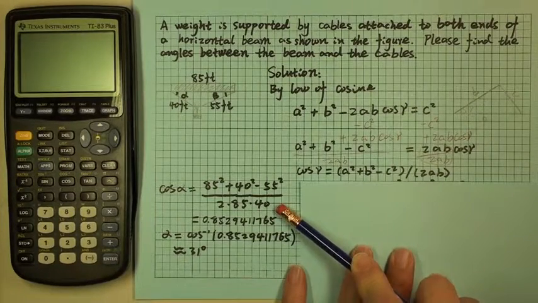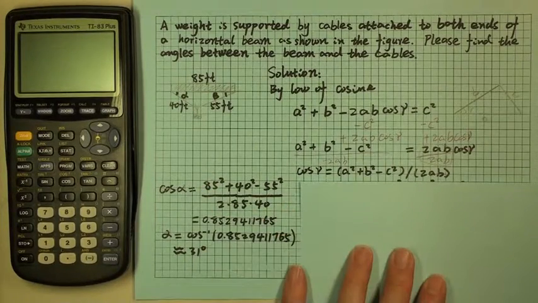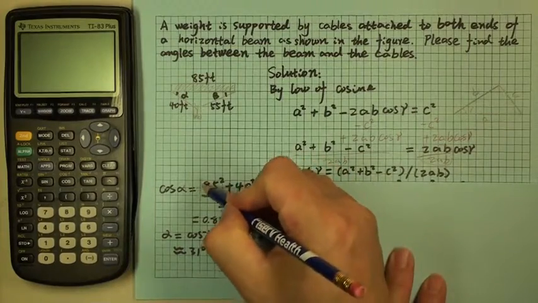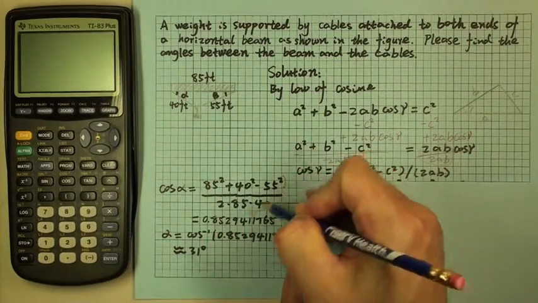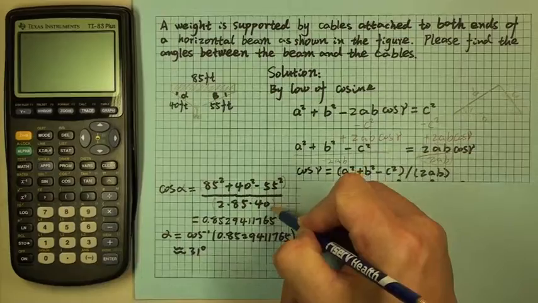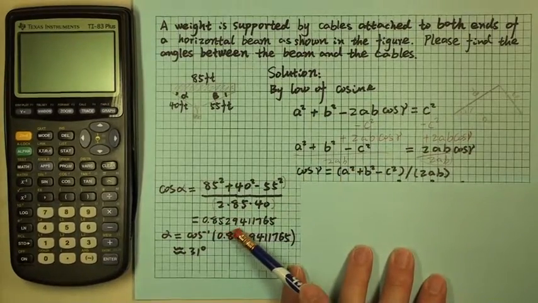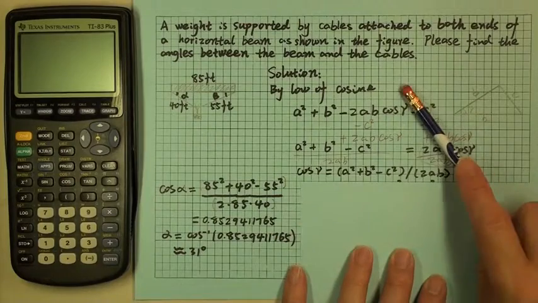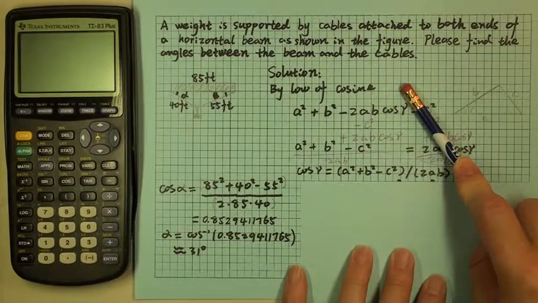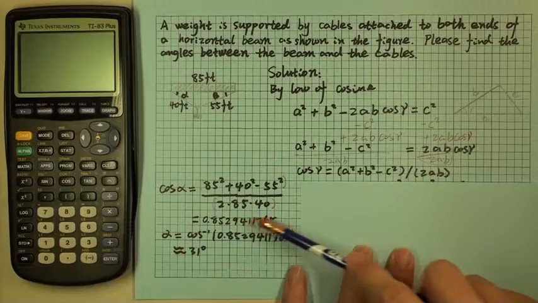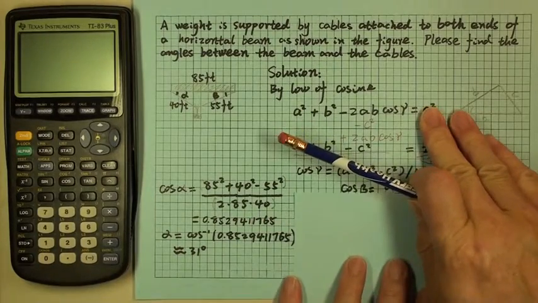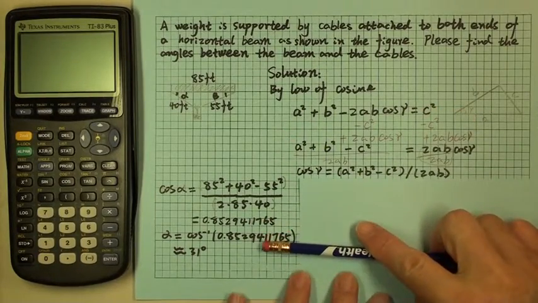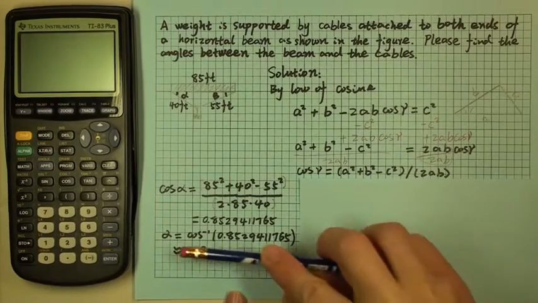Using a calculator, again, don't forget the parentheses. If you forget them, you won't get 0.85294111765.